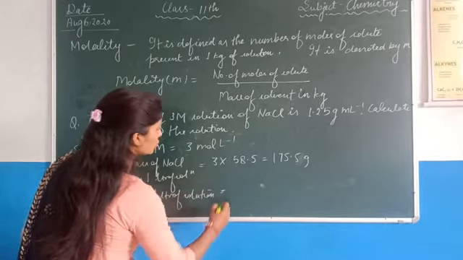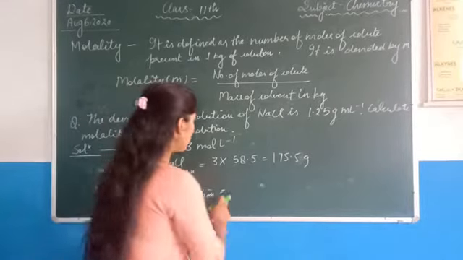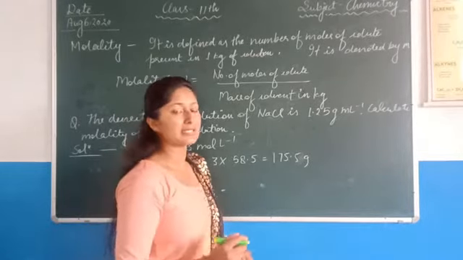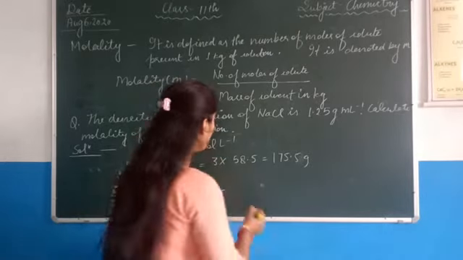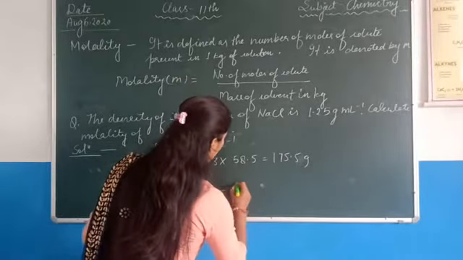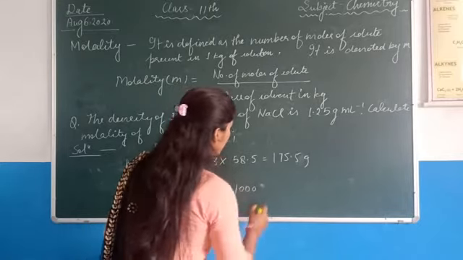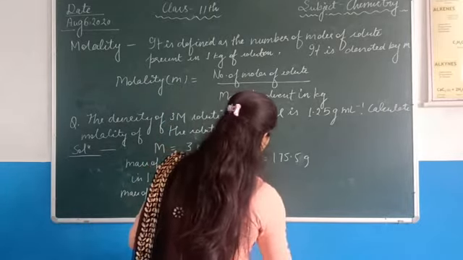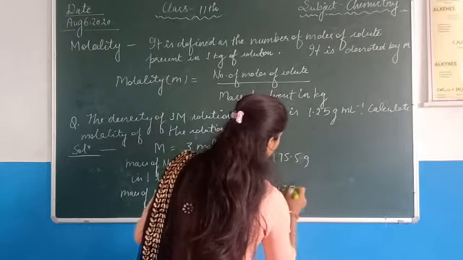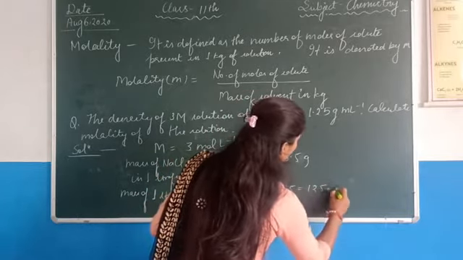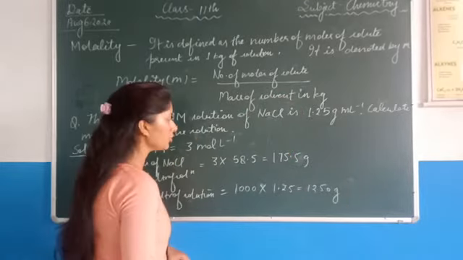Here we have given density of the solution. So as density is equals to mass over volume, mass is equals to density into volume. Volume is 1000 ml and density is 1.25. So we get 1250 gram of solution.